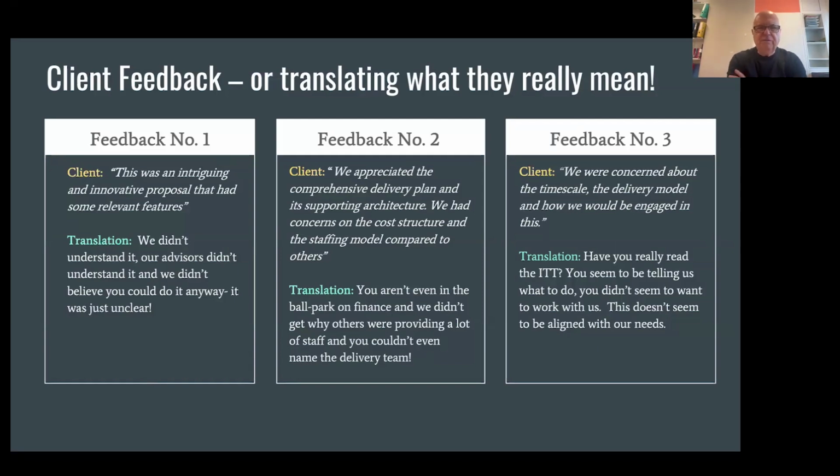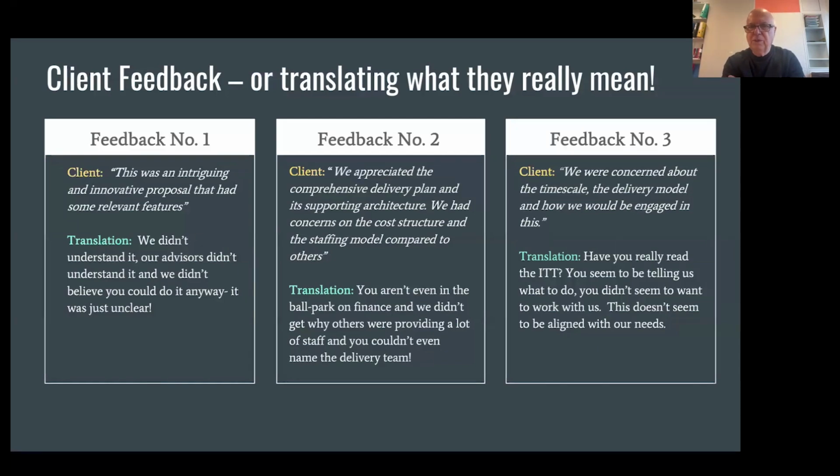The bid was put in for 500,000, and the feedback from the grant organization was an intriguing and innovative proposal. And basically what it meant is we didn't understand it, our advisors didn't understand it, and we just didn't believe it. It was quite interesting because this came from quite a sophisticated group who put in the submission.